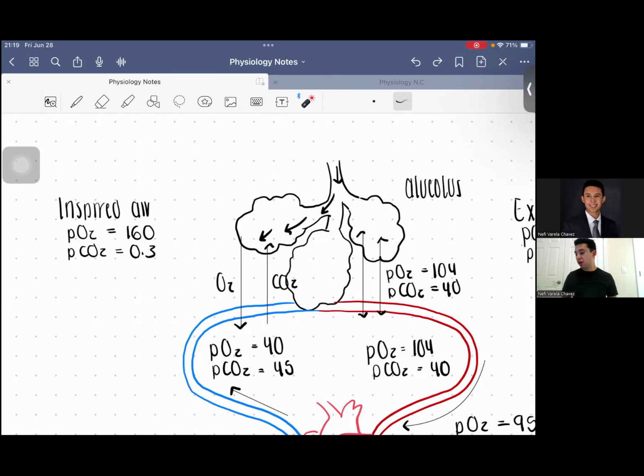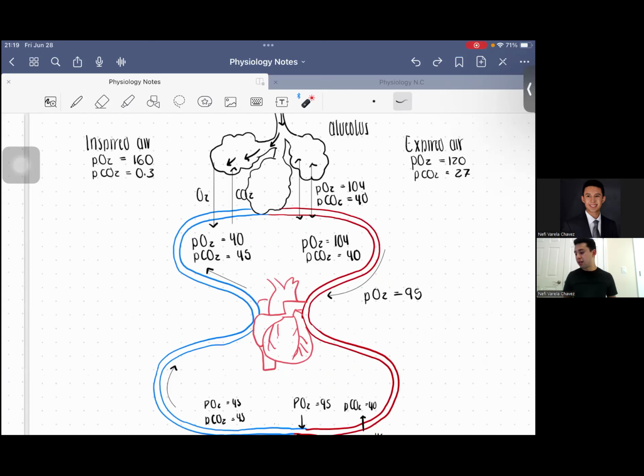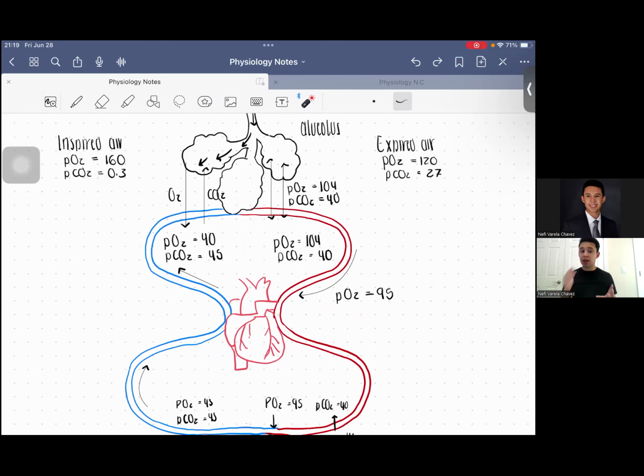On the other hand, we have a pressure of 0.3 of carbon dioxide in our alveoli, but in the vasculature it's 45. Why? Because this blood is being carried from our cells, which after metabolism increase the concentration and pressure of carbon dioxide.